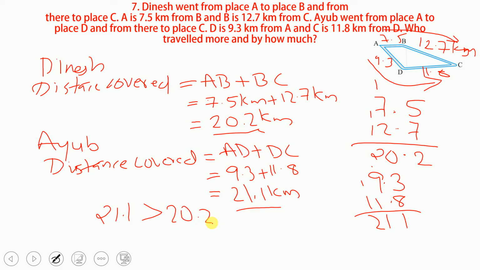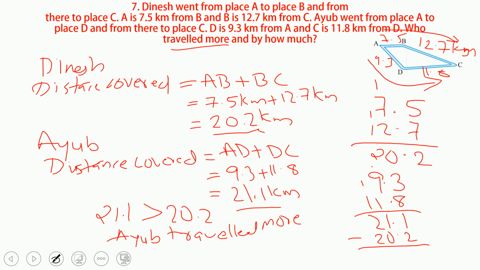Now the question is, who traveled more? We can write Ayub traveled more, correct? Now next, by how much? By how much means you have to subtract, that is minus. We have to subtract 20.2 from 21.1. Now from 1 it is not possible, so we take from 1, it becomes 0, and it becomes 11.